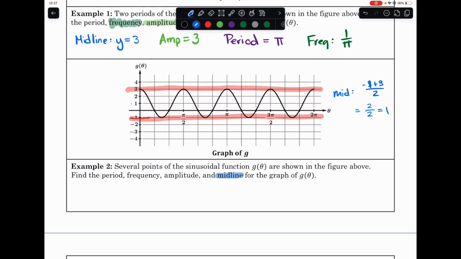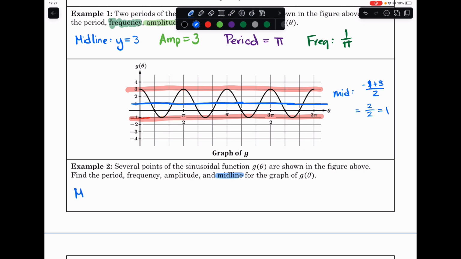So our middle is at 1. Now to double check, simply count from the midline to the lowest point, which is 2 units, and to the highest point, and it should be the same value, 2 units. So that's right, 2 units right there, which correlates perfectly to the amplitude.